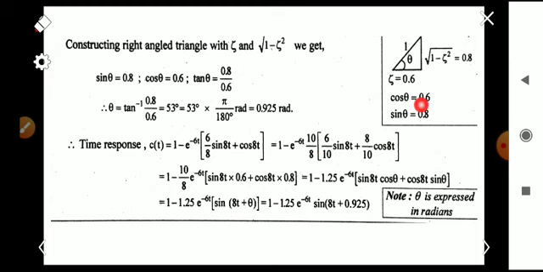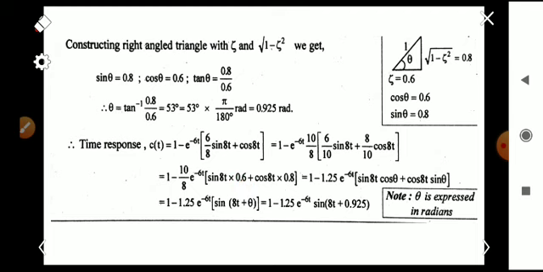The second term becomes 8 by 10, which is 0.8, so we can substitute it for sin theta.